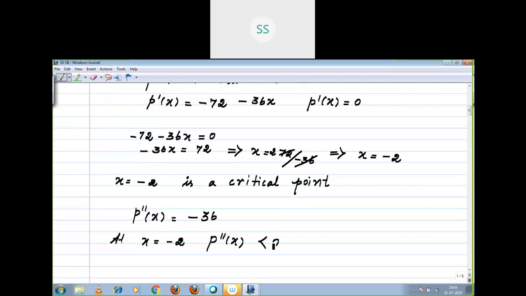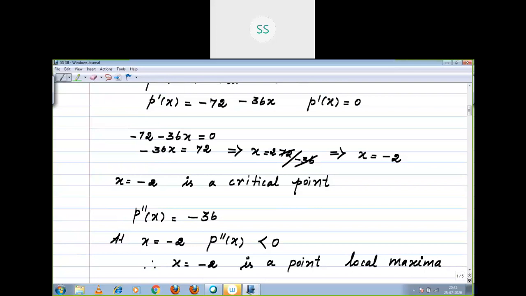Because you arrived at -36, here there is no x, you don't need to substitute. Directly you can conclude that the second derivative is less than 0. Therefore, x = -2 is a point of local maxima. Second order derivative less than 0 means your conclusion is local maxima.